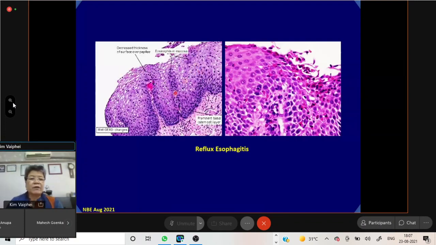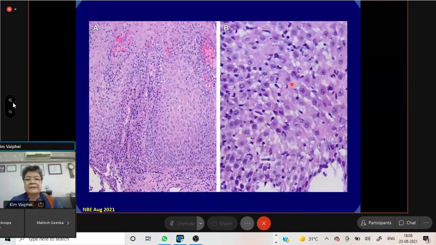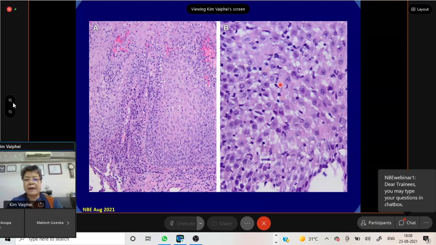In this low power view, one cannot really see much of the inflammatory cells, but in the adjoining one could see multiple eosinophils present. Along with that, one could also see intracellular edema, which is another constant accompanying feature in a case of reflux esophagitis. In some more photographs, one could see that the eosinophils have disappeared. One could see more darkly stained lymphocytes with a few scattered neutrophils.